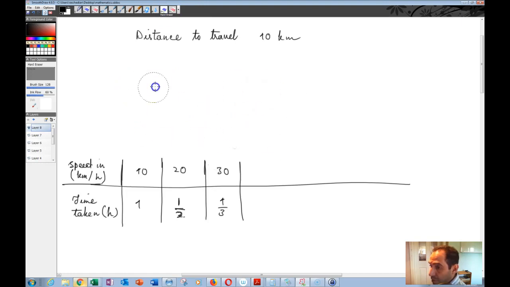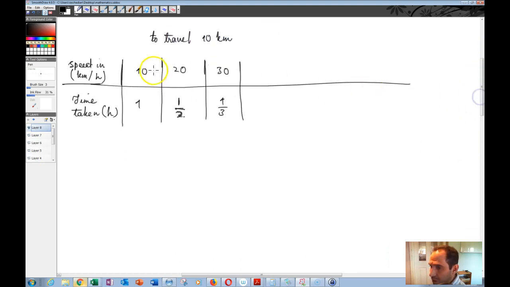So this is to travel 10 kilometers. What that means is that as you increase your speed, the time taken to travel the same distance decreases.